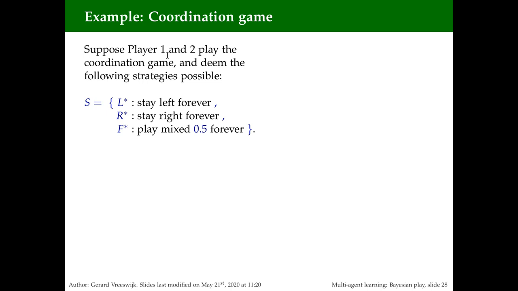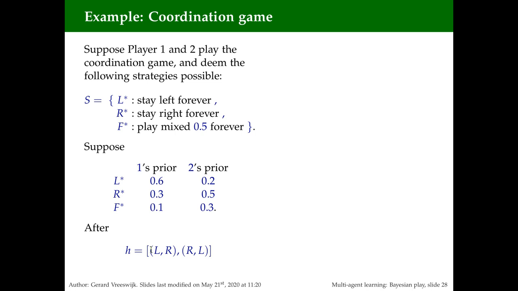So we have two players who play the coordination game, and they hypothesize over the following set of 3 different reply rules or strategies, if they're called alternatively: stay left forever, stay right forever, or play half and half randomly forever. And suppose that the two players have the following priors. So player 1 divides his prior in this way, in the first column, giving the bulk of the probability to the second player playing left always, and the second player has priors divided in such a way.